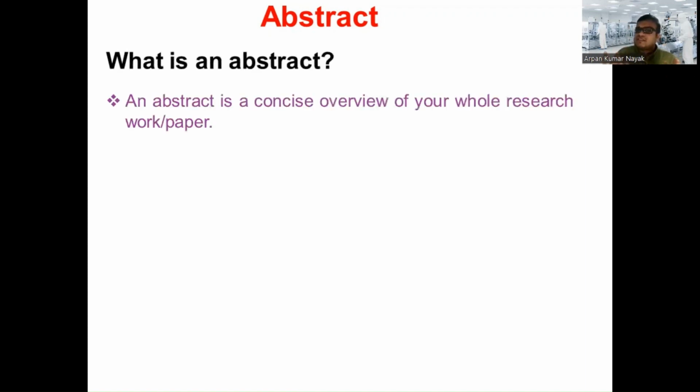So an abstract is nothing but a concise overview of your whole manuscript, or whole article, or whole research work. A concise overview. Like in a title, what do we understand? What is the meaning of a title? We understand that in a title, we take a few keywords of your whole manuscript.